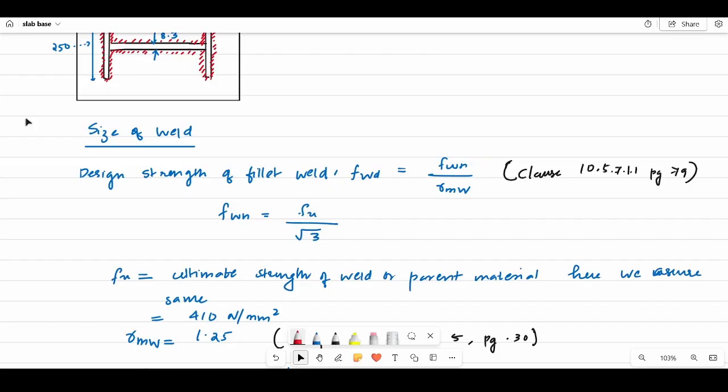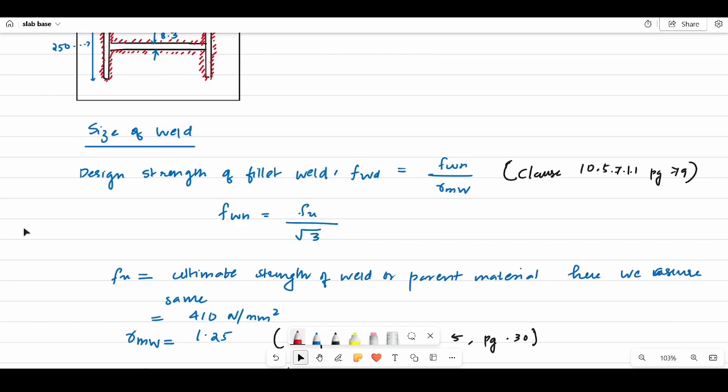When we go to page number 79 and to clause 10.5.7, under the fillet weld heading, that is 10.5.7.1.1, on page number 79, the design strength of the fillet weld Fwd has to be equal to Fw1 divided by gamma mw, where Fw1 will be fu divided by root 3.